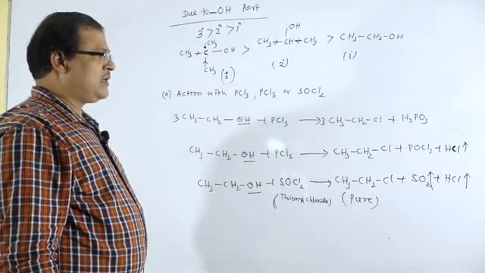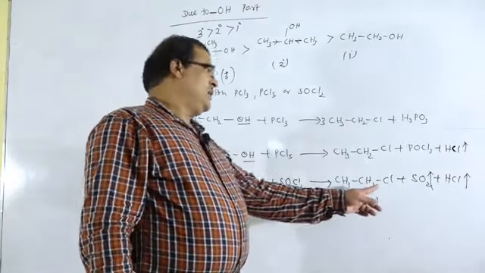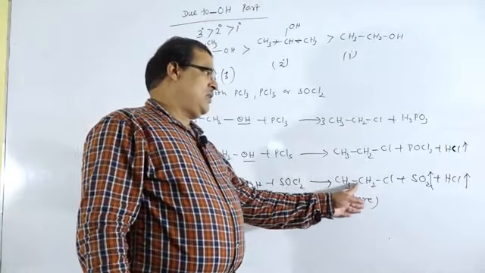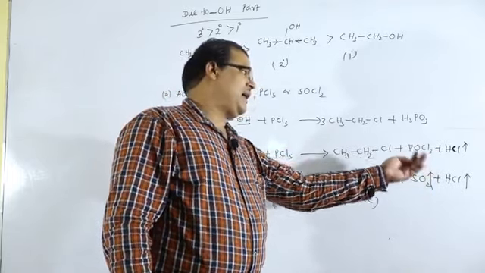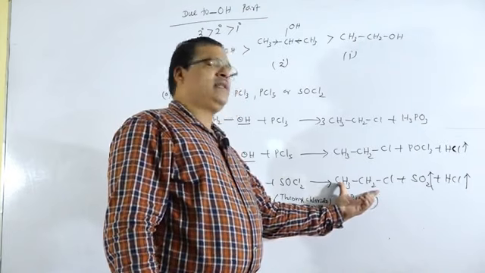Why pure ethyl chloride? Because after the formation of ethyl chloride, the side products SO2 and HCl are removed in the form of gas, leaving behind only ethyl chloride.